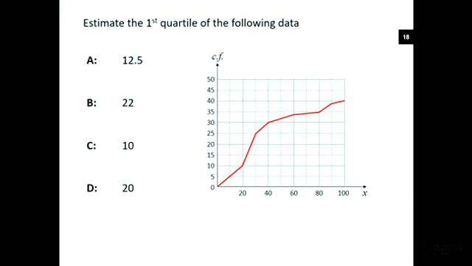Estimate the first quartile of the following data. Again, first quartile just means Q1. It means I would look to see how much data I've got, and I don't have 50, it stops at 40. So if I split 40 up into 2 bits, I'd have a halfway mark at 20. I'd split the upper bit there and the lower bit there, but which one is the only one I care about? This. My Q1, Q2, Q3 aren't asked about.